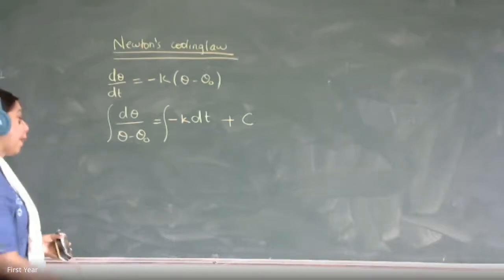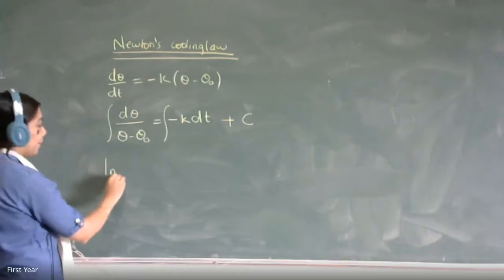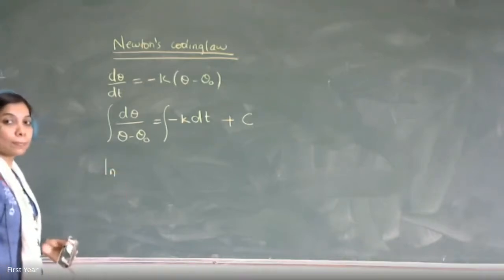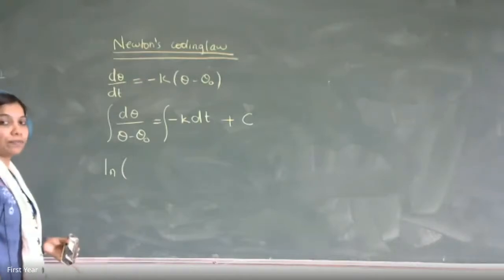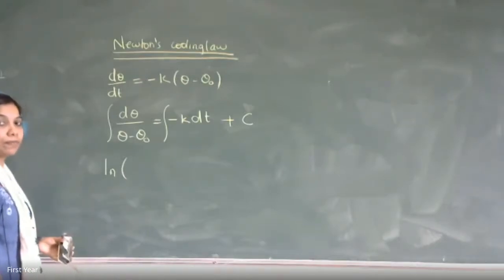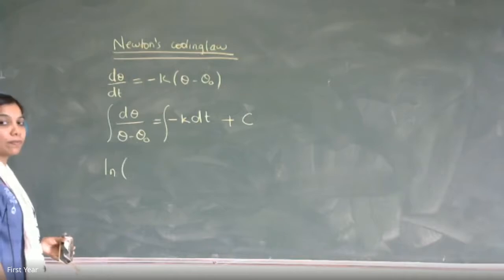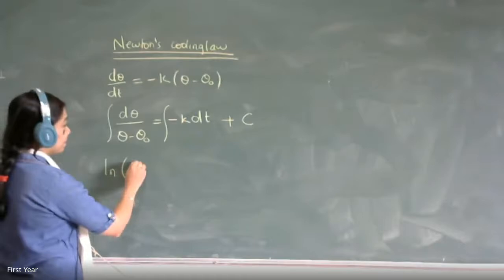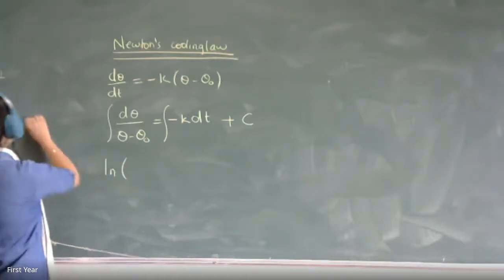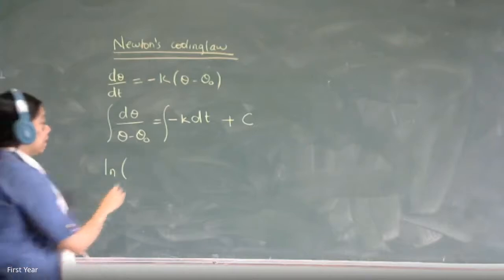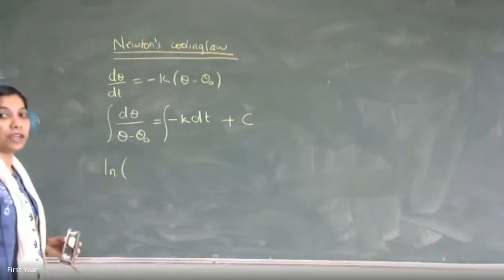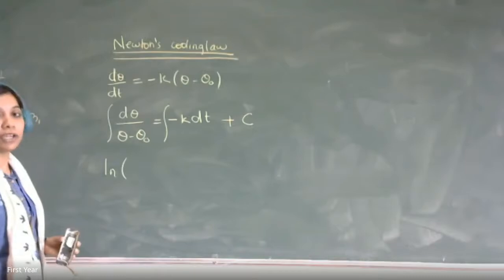She's not there. Ankita over there, no? Ankita Gaikwad. Pallav over there. Yes, we got 10. What is the integration of 1 upon theta minus theta naught?